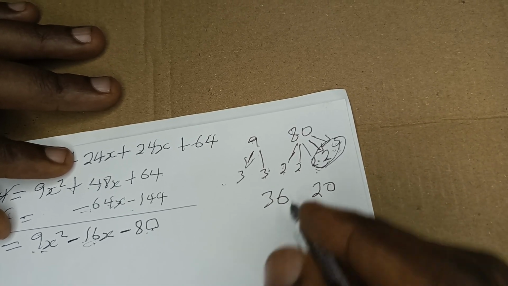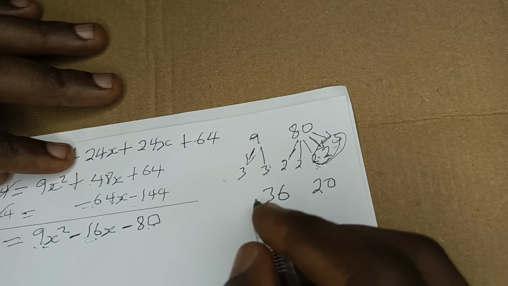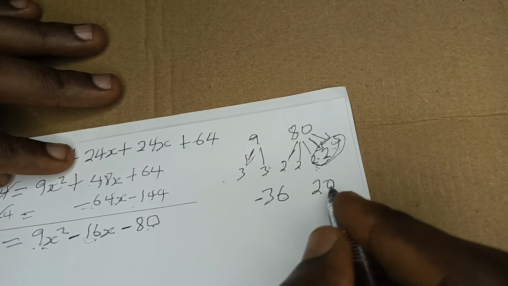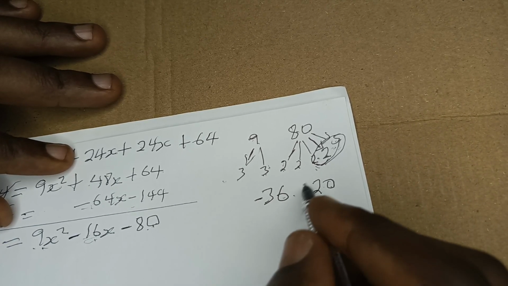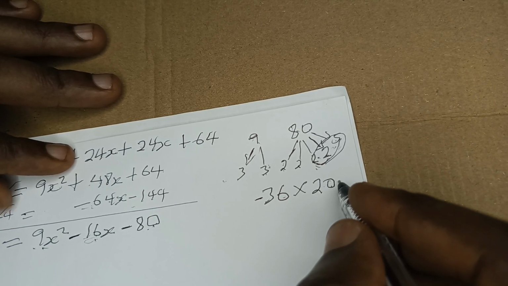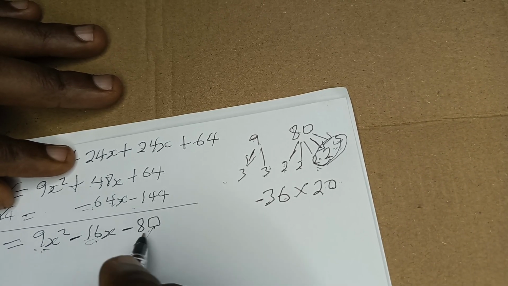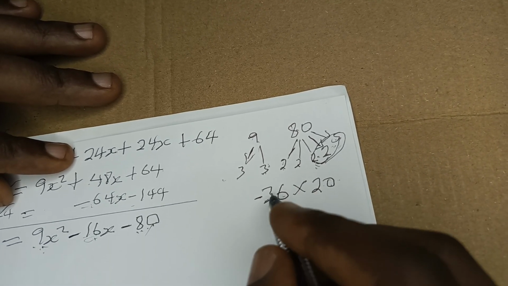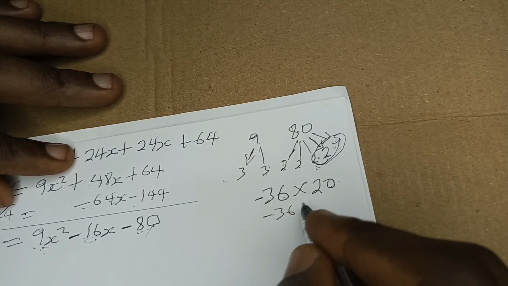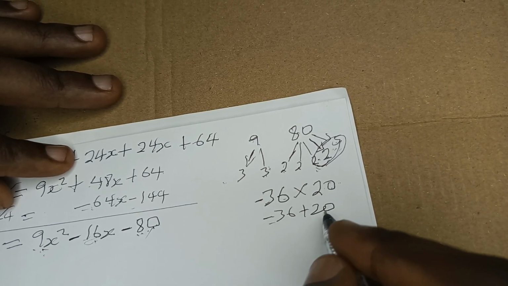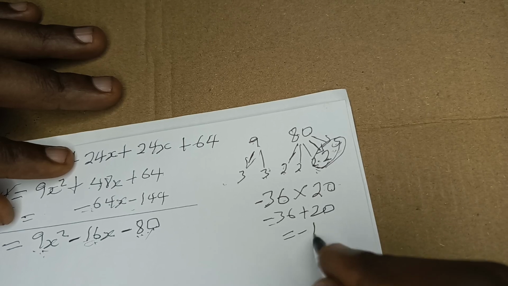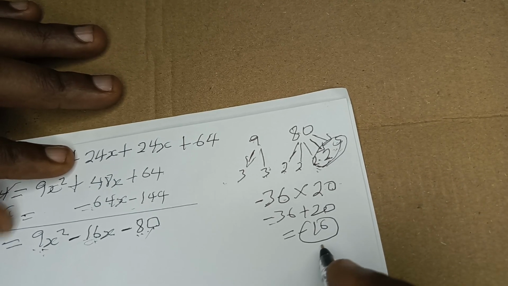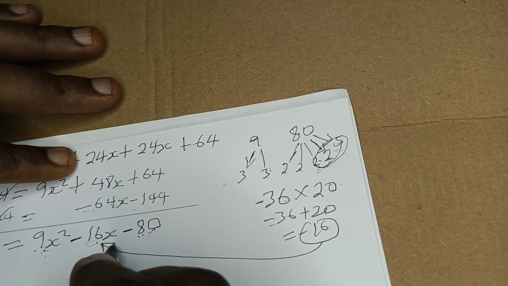So, from my own findings, minus 36 and 20, because minus 36 times 20 gives us the product of what we are getting here. And minus 36 plus 20 will give us minus 16, and that minus 16 is what we have here, which is the sum.